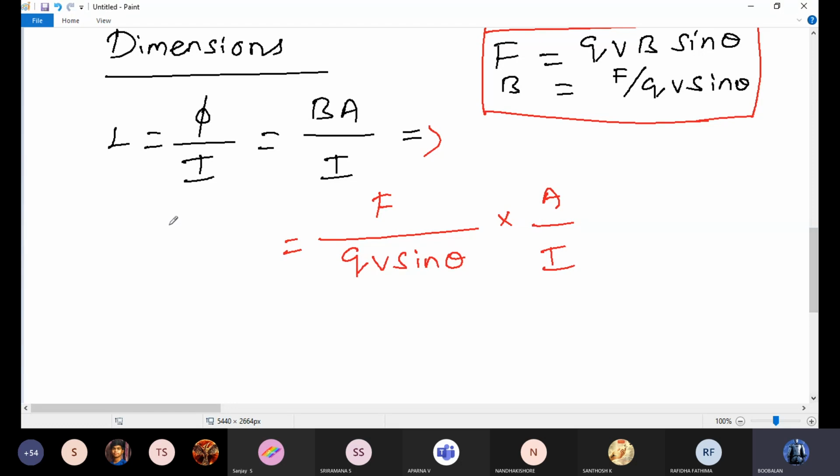So finally you will get the dimension formula of self-inductance: M power 1, L power 2, T power minus 2, A power minus 2. So this is the dimension formula of self-inductance. And the quantity formula is L equal to F divided by Qv sin theta into A by I.